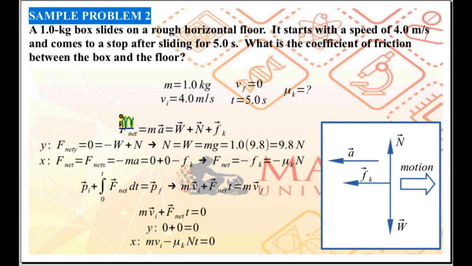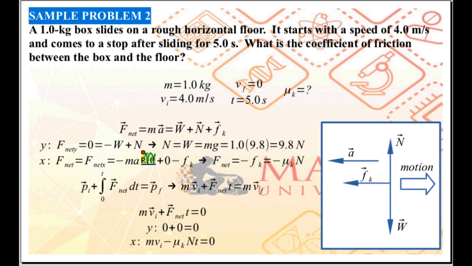Using component method, we have y component and x component. So y component first, y component of F net. Y component of a is horizontal, no y component. Weight and normal force are both vertical. Weight is negative direction. Normal force is positive direction. So, minus W plus N. Kinetic friction is horizontal, no y component.